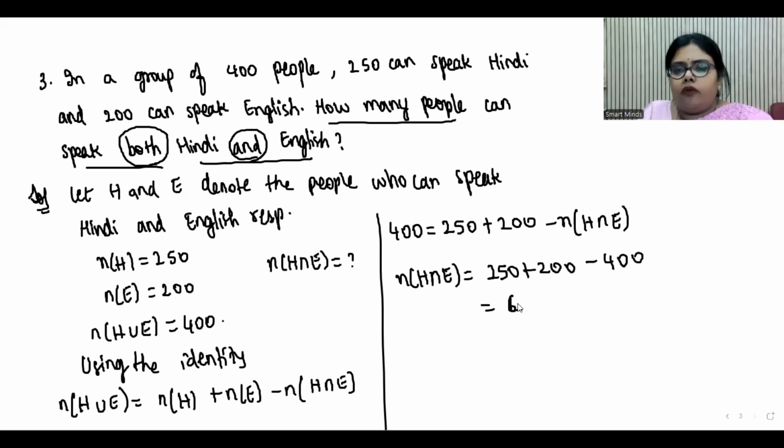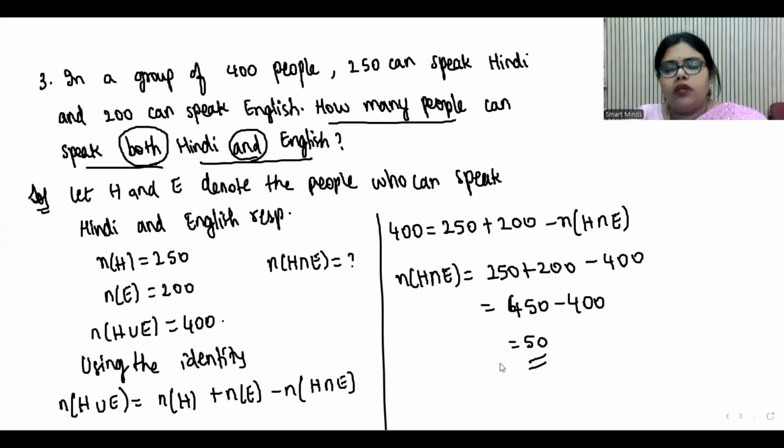That is 450 minus 400, which is equal to 50. That means 50 people can speak both Hindi and English.